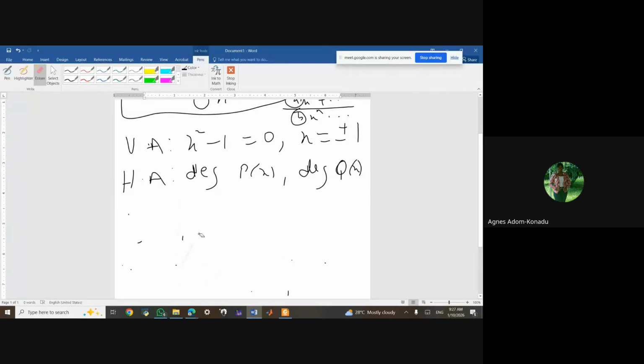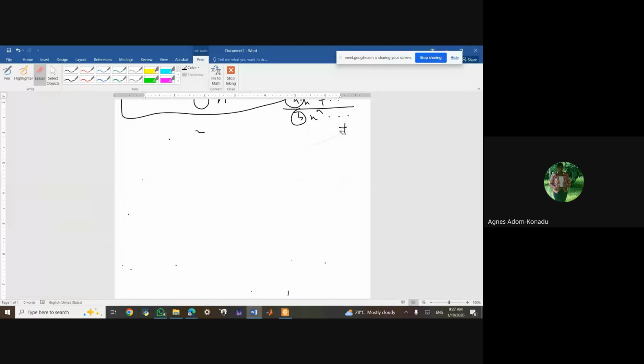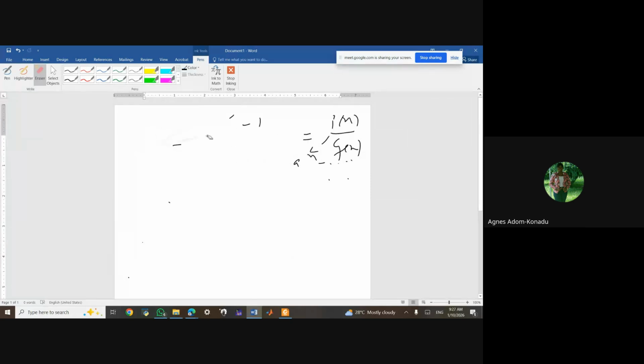So that's what I always do: I draw a table. You don't need the table when you are solving, but you can do rough work somewhere, and then you will see the behavior.